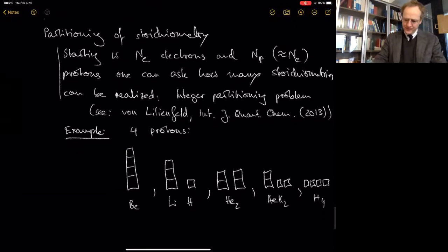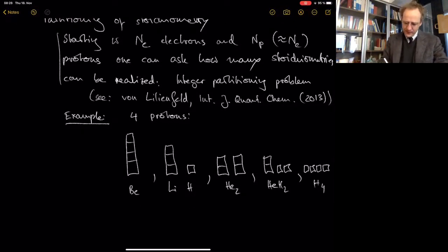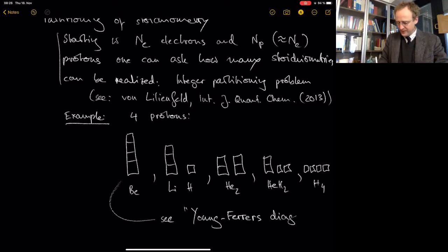And in fact, if you make such graphs, you can also find them as Young-Ferrers diagrams. Okay.